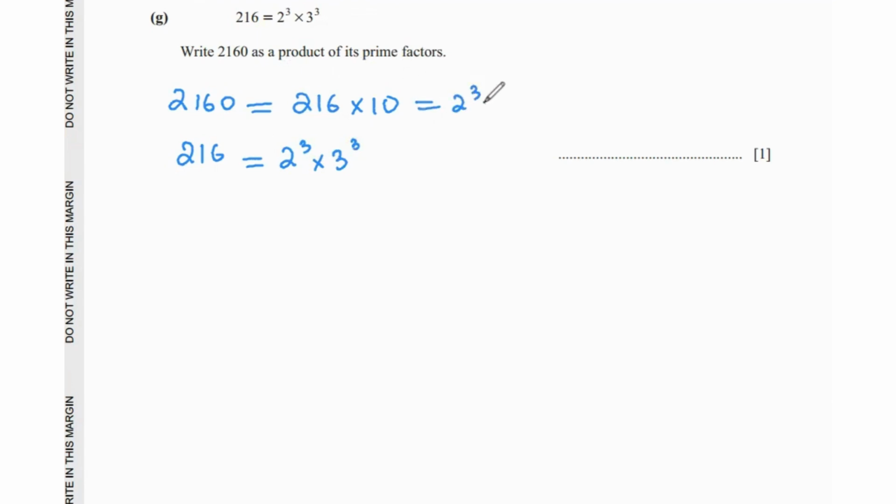So 2 cubed times 3 cubed, and 10 is 5 times 2. So now this and this are the same base, so we can add the powers. So it's 2 to the power of 4 times 3 cubed times 5. So that's your answer. Just combine the similar base.